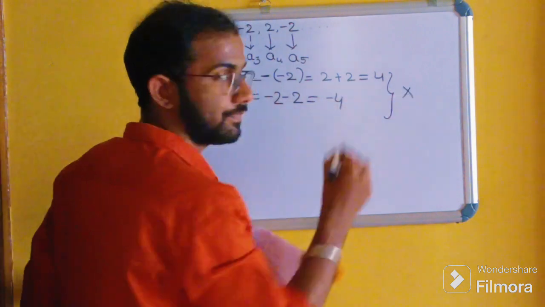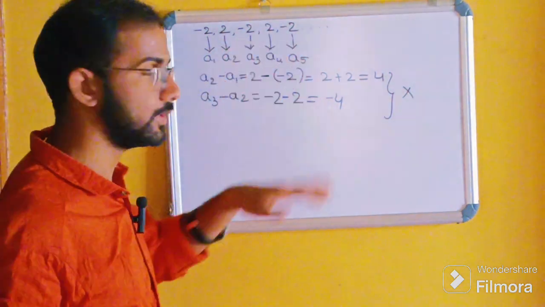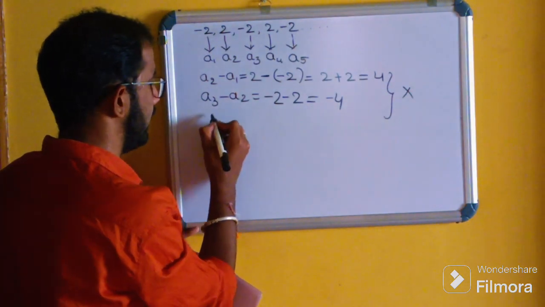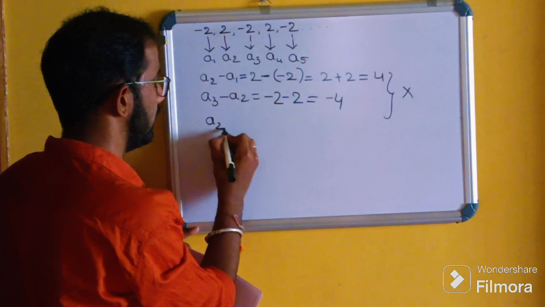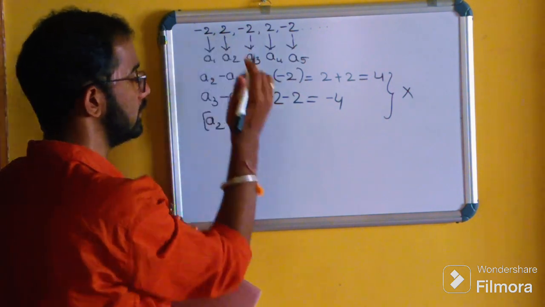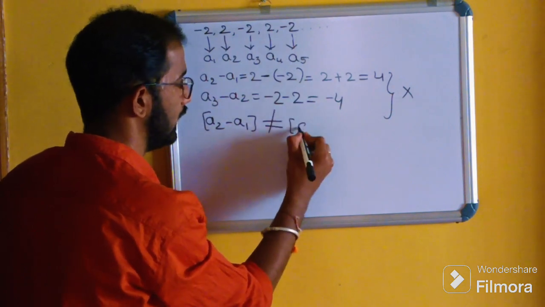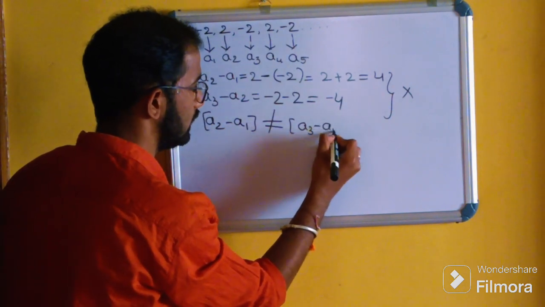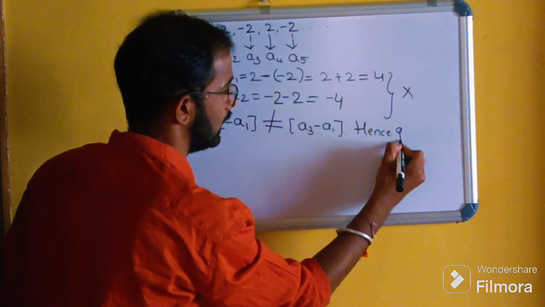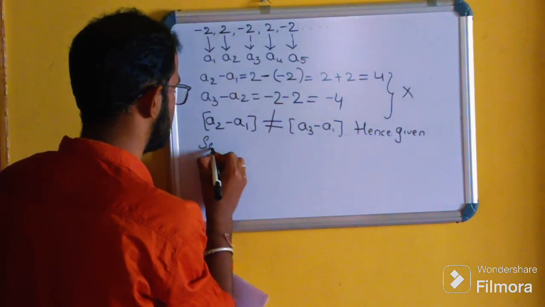So this is simple. If these two values are the same, then we move on to the next term, whether that is also the same or not. Likewise, only if these D are the same can we say the given sequence forms an AP. But here, the first difference is 4 and the next consecutive pair is minus 4. Hence, both are not equal, so it is not an AP.